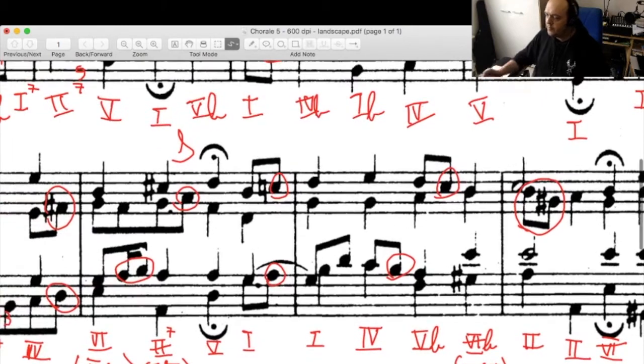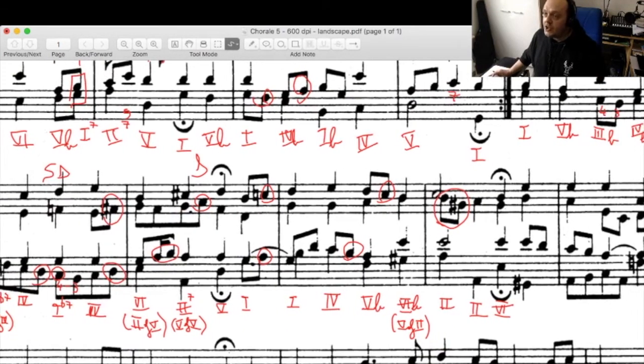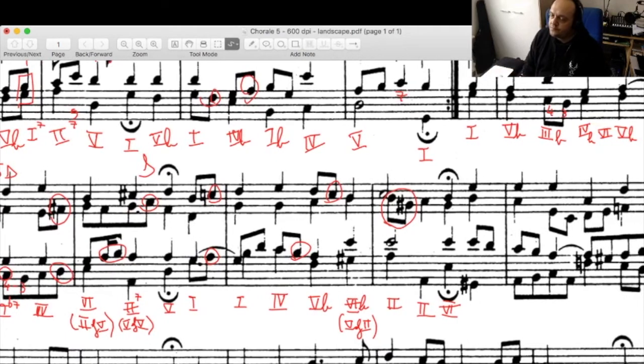Now let's see. The subdominant region. The subdominant region, let's see. This is still very much in the tonic area, because that's still in G major.